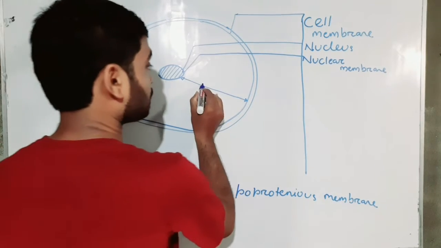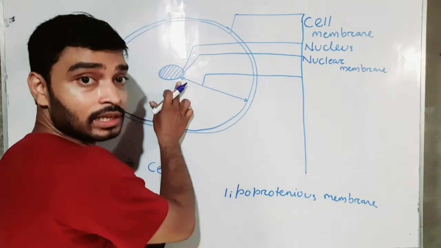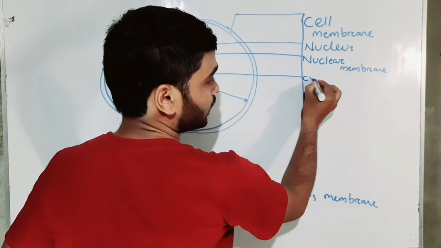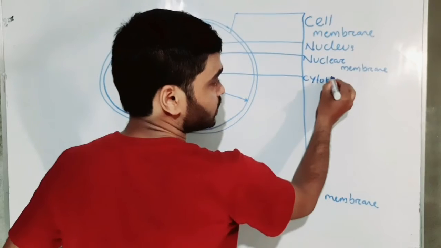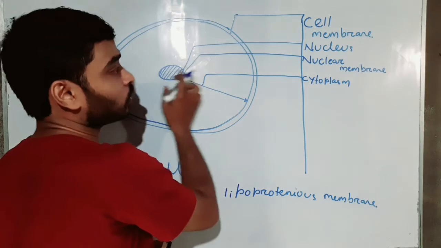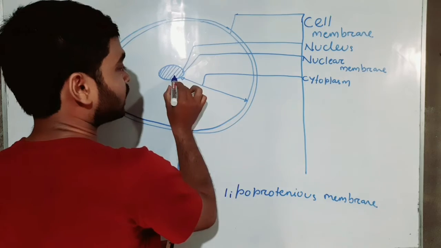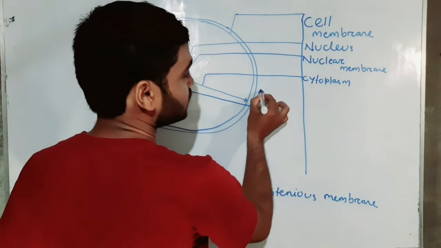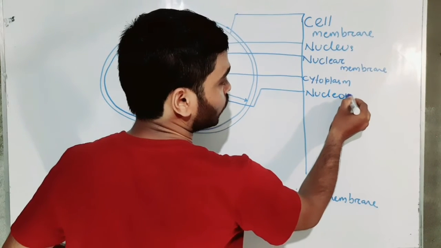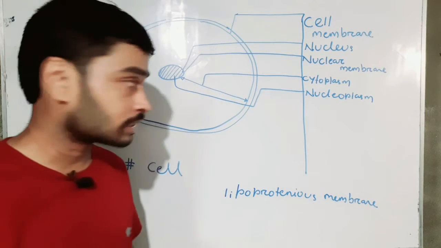So, this is the fluid part of the cell which is filled between the nuclear membrane and cell membrane. And the space present within the nuclear membrane is filled by another fluid-like substance called as nucleoplasm. It is the fluid part present inside the nucleus.